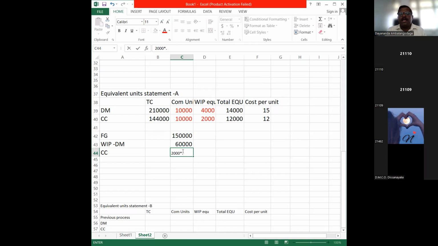That is multiplied by 2,000 into 12 rupees. That is 12 rupees, not 12 cents, no? 12 rupees.